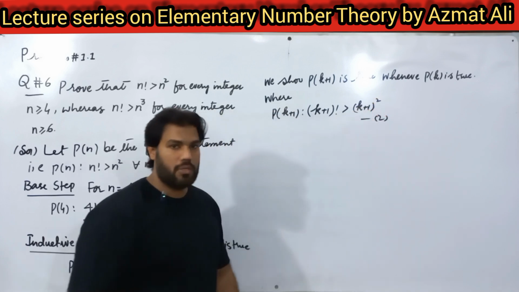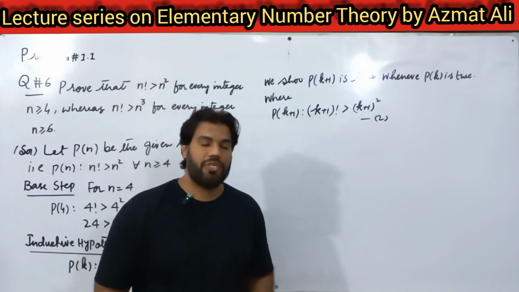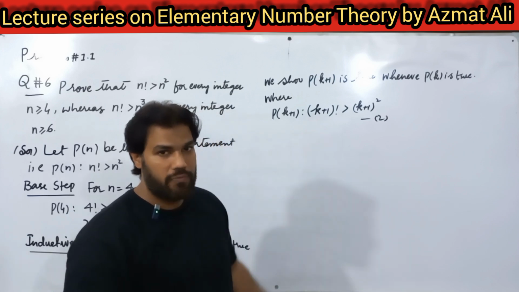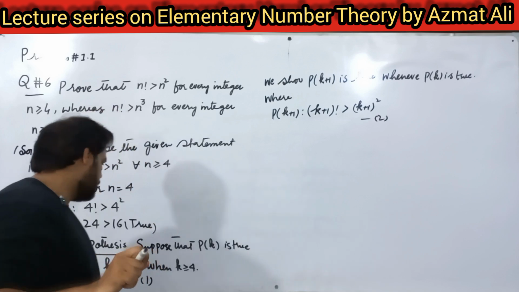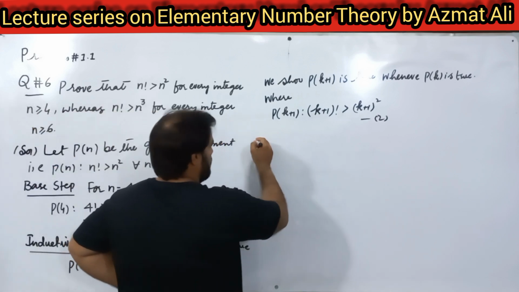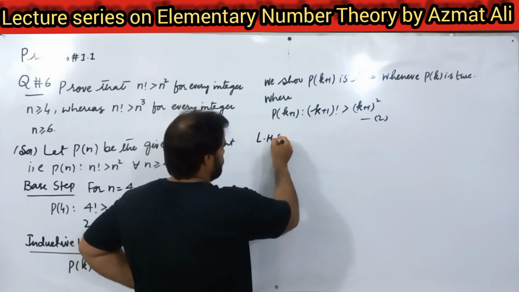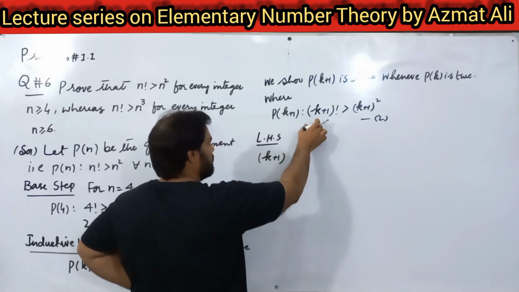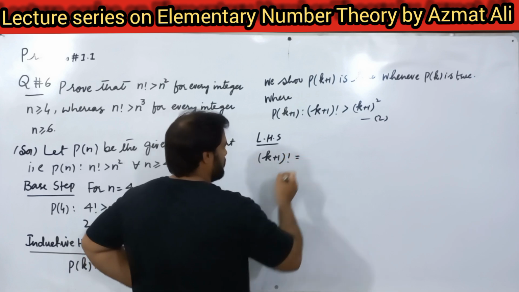To prove inequality number 2, we take the left side of this inequality, that is k plus 1 factorial, and we use the truth of inequality number 1. Consider the left hand side of inequality number 2, k plus 1 factorial.